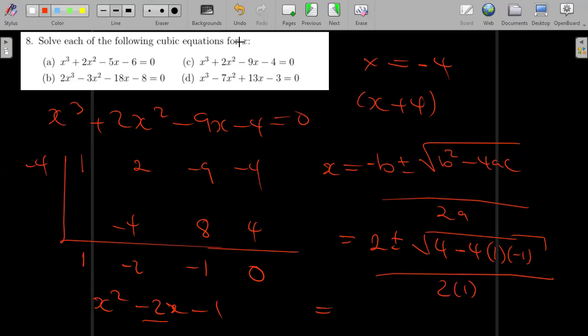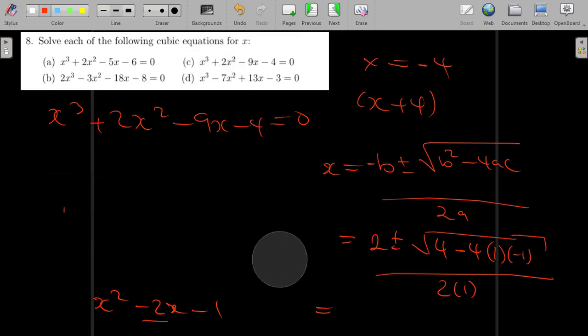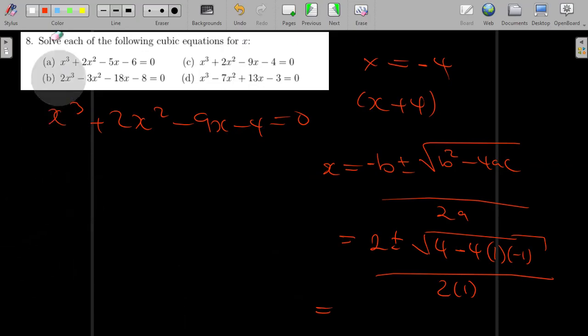So this is going to simplify to 2, then there I have plus minus. Inside there I'll have 8, divided by 2 there.